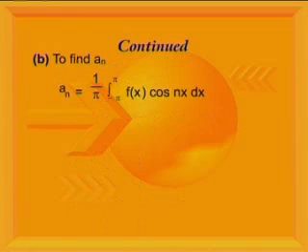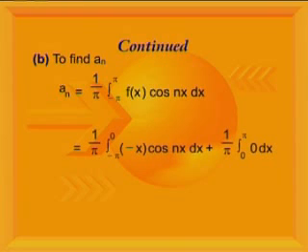Now we find an, which is equal to 1 over pi times the integral of the function times cosine nx with respect to x along the period, that is, along the interval from -pi to pi. Again, because there are two pieces, it will involve two integrals.